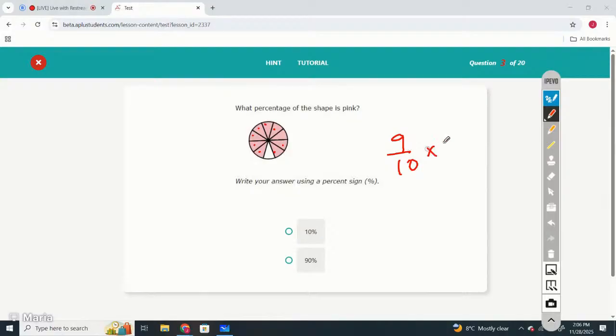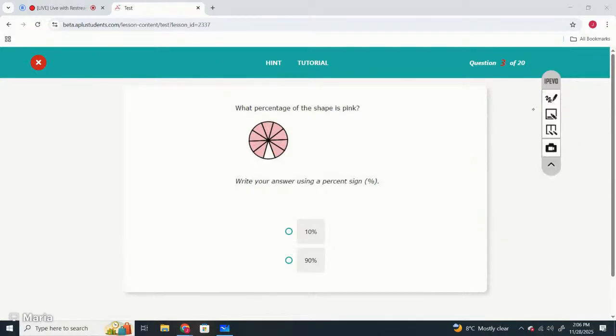So 9 by 10, you need to multiply it by the 100. So 0 and 0 cancel out. So 90% of the shape is pink. So the correct option is 90% because 90% of the shape is pink.